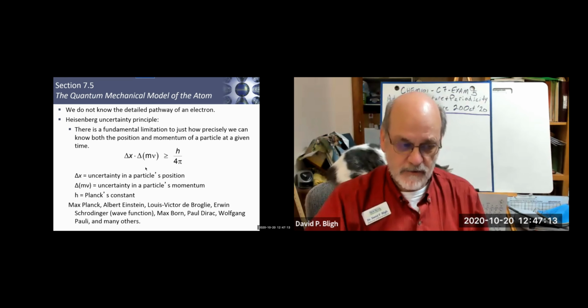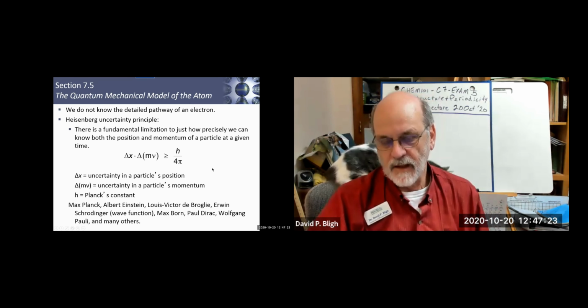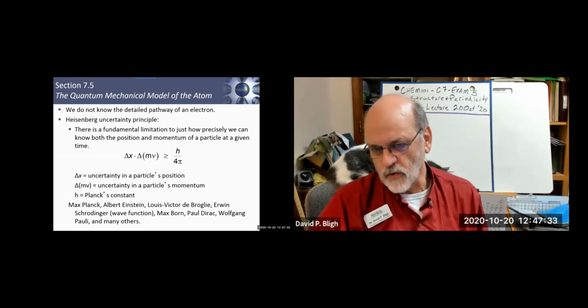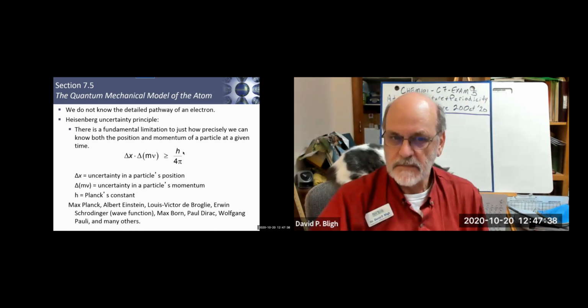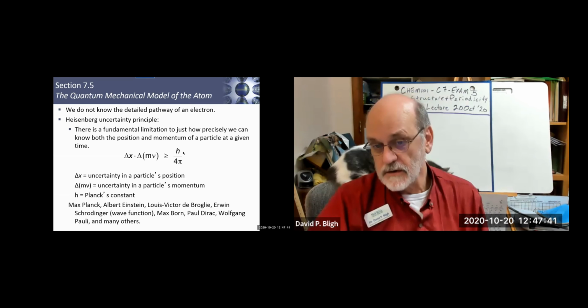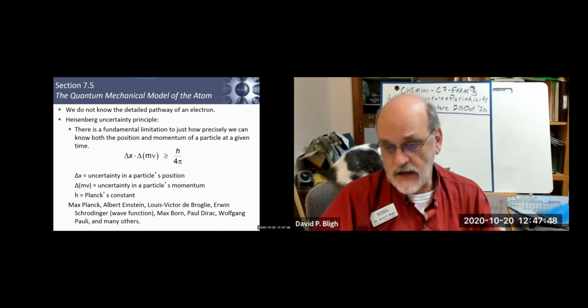But when you get down to that very small size, then these terms have an impact on describing the electron. And notice that, well, you have pi here, of course, which you find in a lot of places, but really the only term that Heisenberg was concerned with was the Planck's constant.